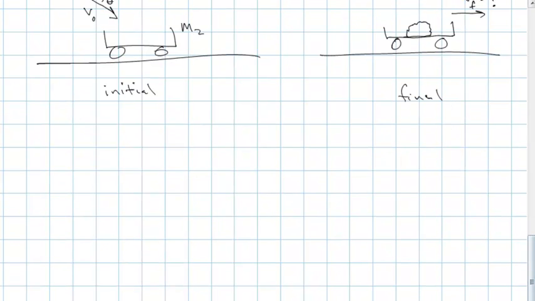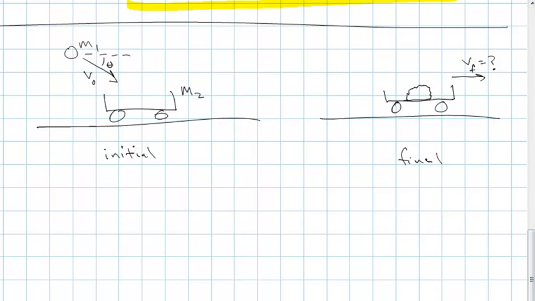So in this problem, what we would say is that the initial momentum in the x direction and the final momentum in the x direction have to be equal, because there's no external force acting on our system in the x direction.